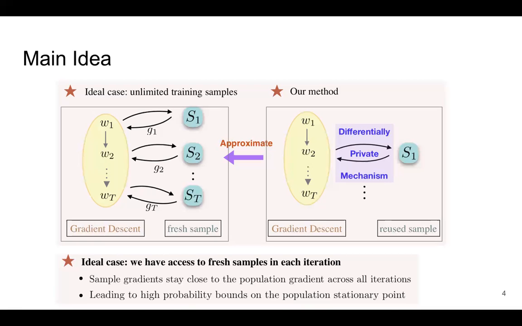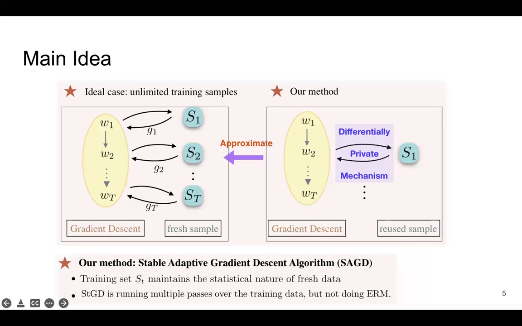So in this paper, they propose a stable adaptive gradient algorithm, SAGD. SAGD tries to behave similarly to the ideal case of access to unlimited training samples. It borrows the idea from the differentially private mechanism.